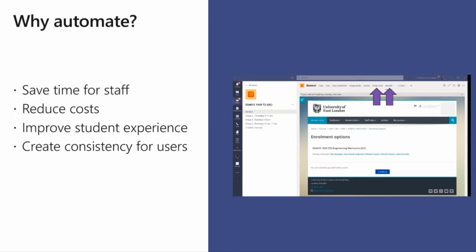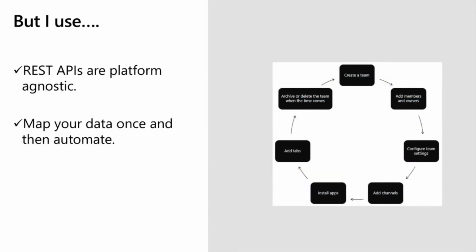Now, the important thing about the concepts that we are covering today is that it is using a platform agnostic approach. So if you're saying, but I use this VLE or I use this student management system, effectively, when we're talking about the Microsoft Graph, these are REST APIs that are not dependent on a specific platform.